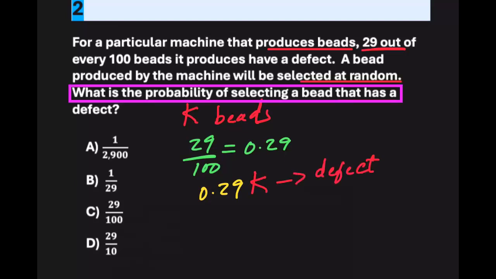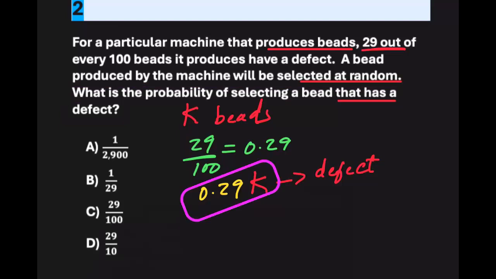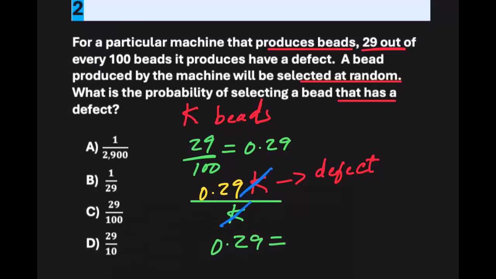So what is the probability of selecting a bead that has a defect? To get that, we divide the defect number by the total number, which is K. And K will cancel out, and we have 0.29, which is equal to 29 over 100. And the answer is right here.